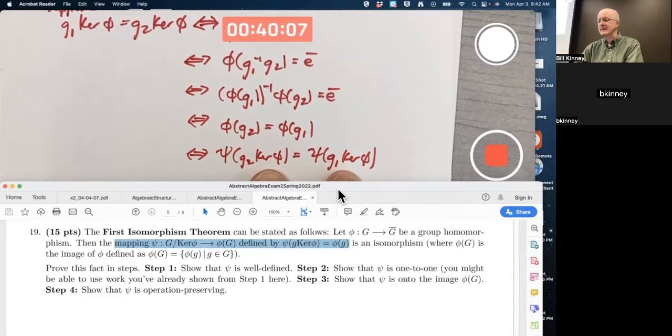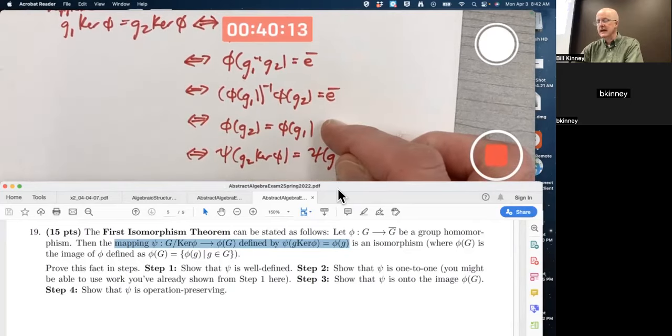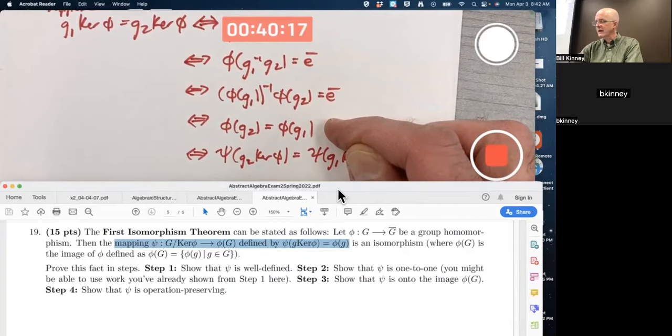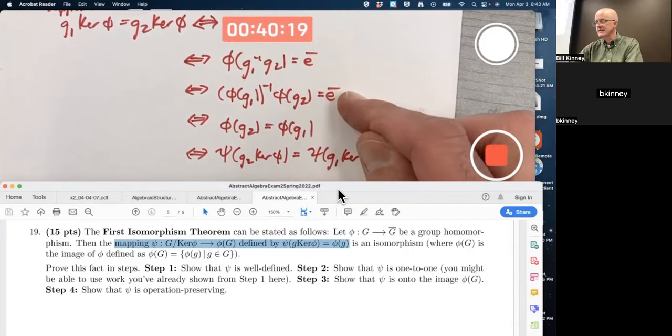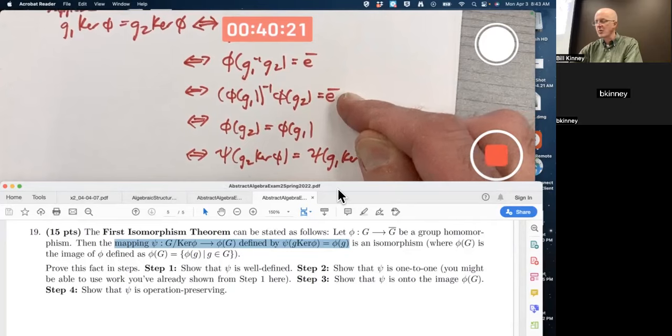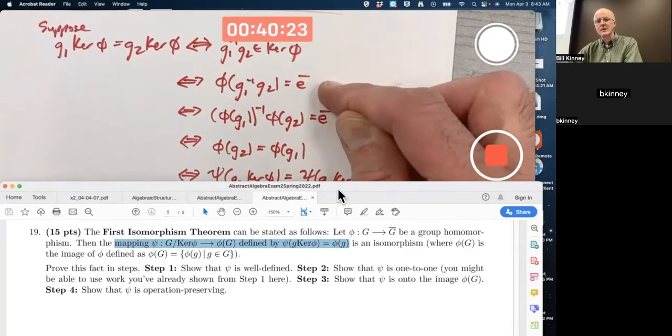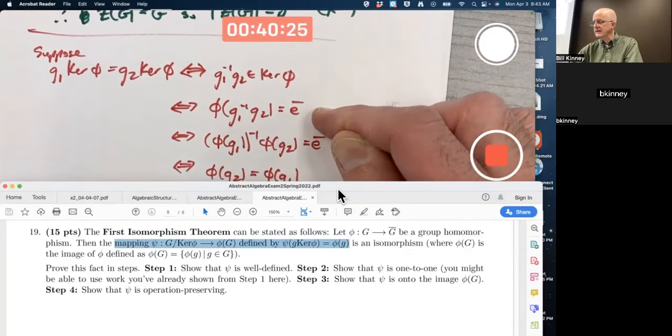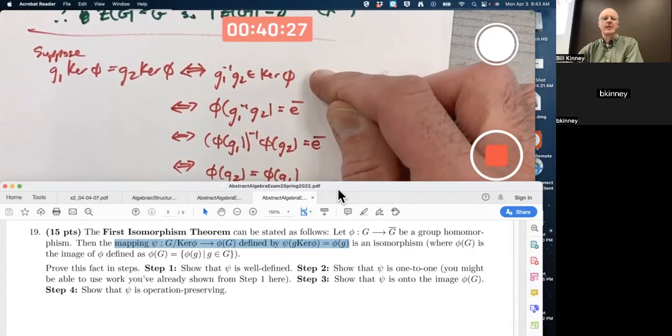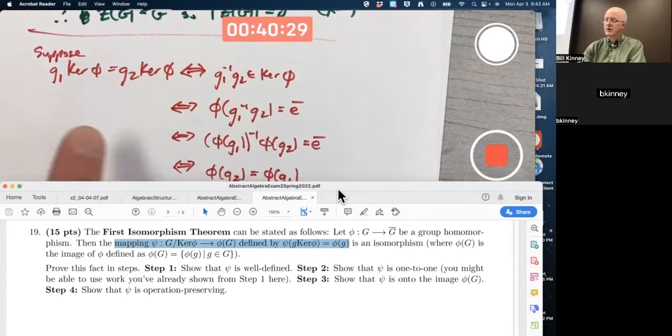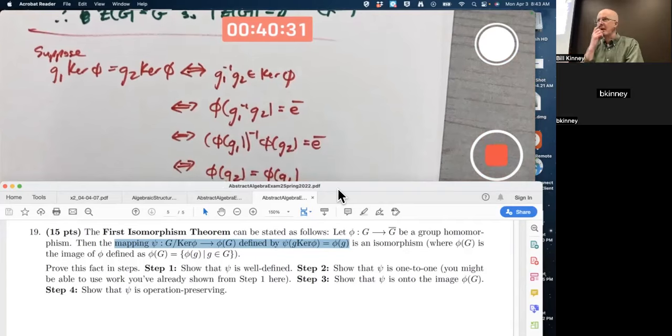Why must those inputs be the same? Go backwards. These being the same by definition of psi means these are the same, which by multiplication by phi of G1 inverse on the left on both sides gives this, which by the fact that phi is a homomorphism gives this, which means that the element you plugged into phi is in the kernel, which means by properties of cosets that these two cosets are the same.